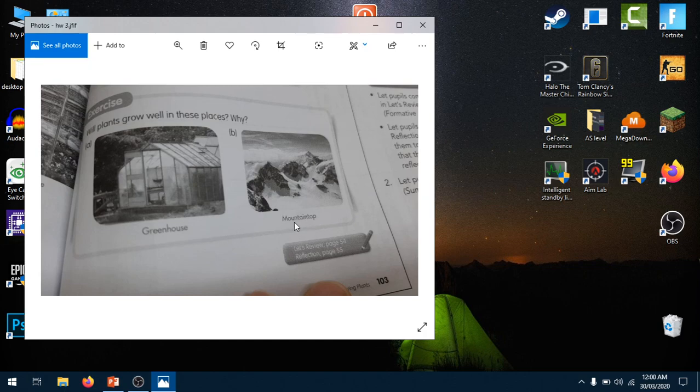But on the mountain top, will the plants grow? No. Why? Because on the high mountain top it is very cold. So in a cold area the plant cannot grow. Okay, so this is your homework. You will write here and you will show me. I already gave the answers, so please do it and submit it on time.